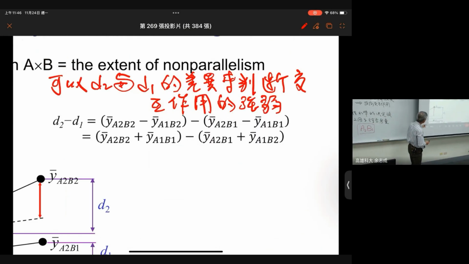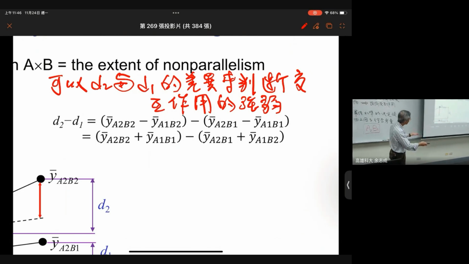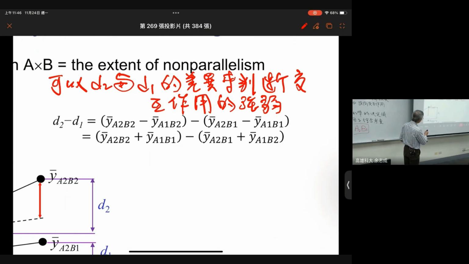D2 is the average of A2B2 minus the average of A1B2, and D1 is defined similarly. We can rearrange that. The difference between D2 and D1 will be A2B2 plus A1B1 minus A2B1 plus A1B2.